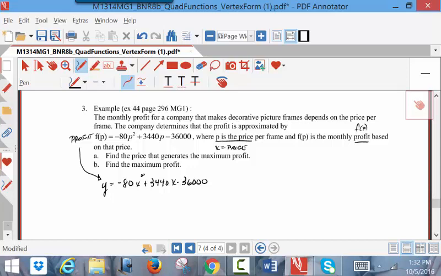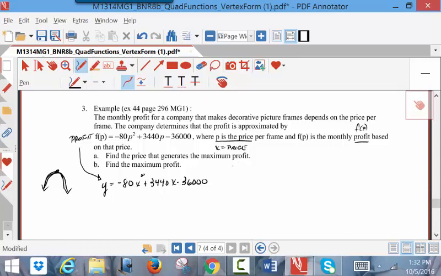Find the price that generates the maximum profit. This is an x squared with a negative 80, so it's opening down, and the maximum will still be my vertex.